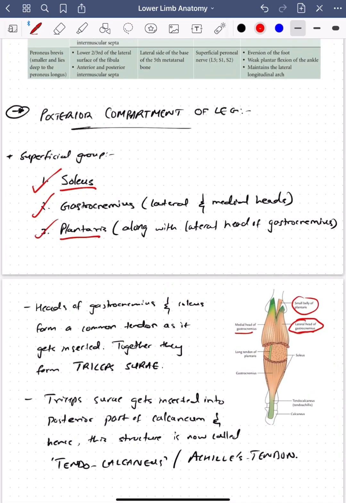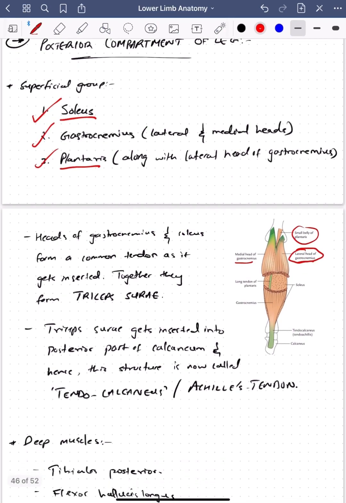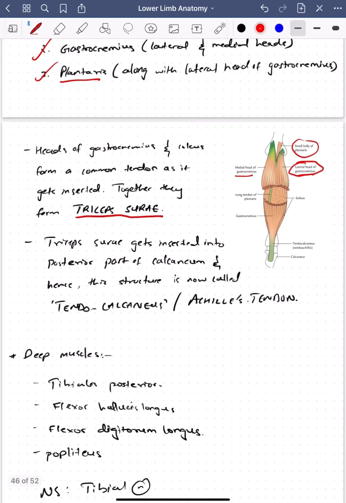Now what happens is, the heads of soleus and the heads of gastrocnemius come together and form a common tendon, and that common tendon is called triceps surae. The common tendon gets inserted into the posterior aspect of the foot, and this structure is called the tendocalcaneus or the Achilles tendon.